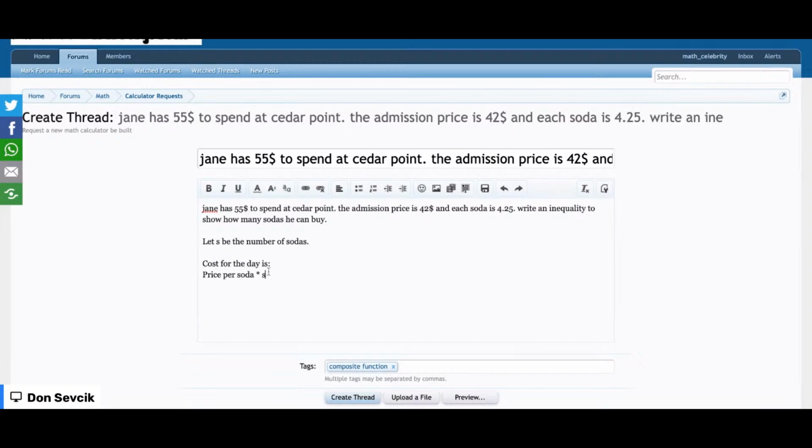Cost for the day is price per soda times S plus admission price. So we've got 4.25 S plus 42.